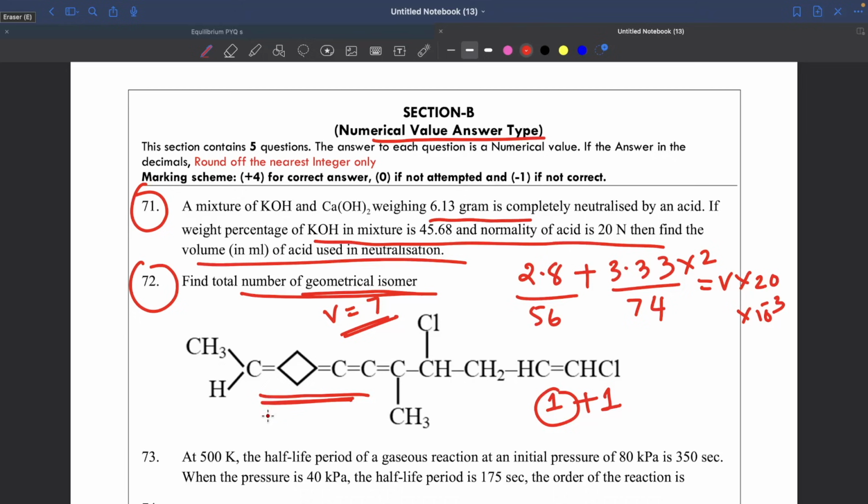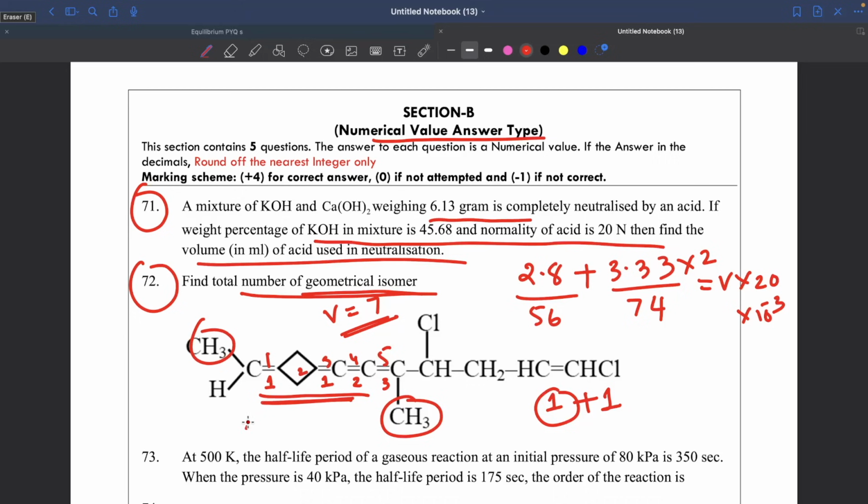So these double bonds: this is a double bond and this is a ring, then this is a double bond, then this is a double bond, then this is a double bond. So we have 1, 2, 3, 4, 5. So an even number of double bonds are there. So an even number makes it 1.